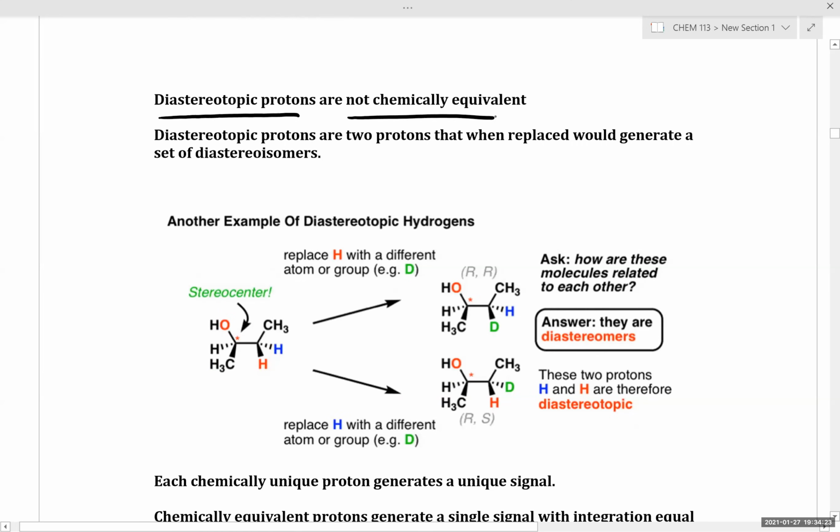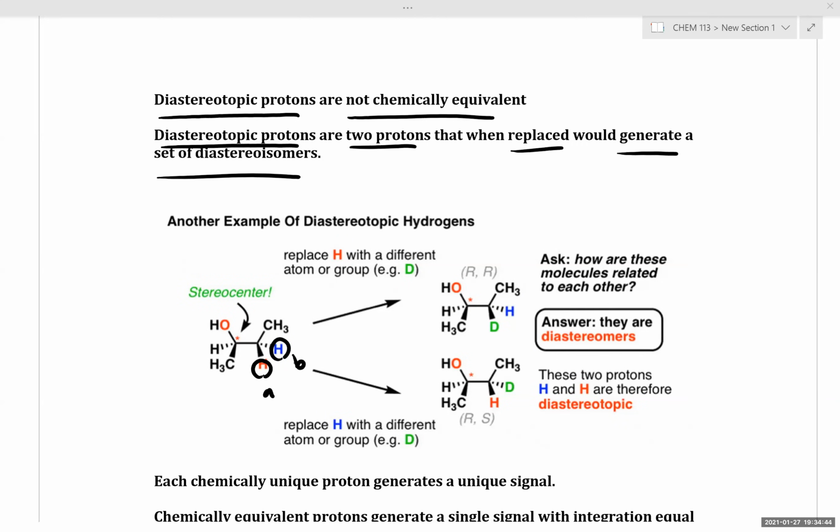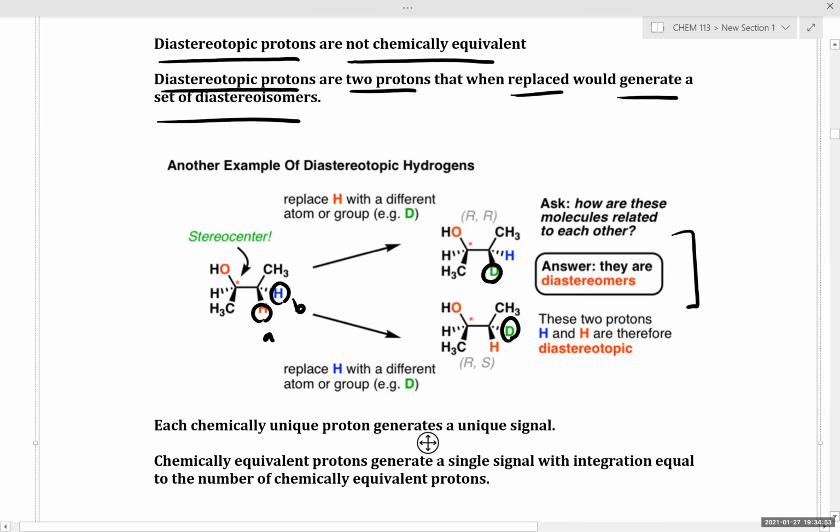These are not chemically equivalent, and as their name stem would suggest, diastereotopic protons are two protons that when replaced would generate a set of diastereomers. So when we have a stereocenter adjacent to two protons, A and B, you notice that when we replace A and B, replace our protons with our test group, rather than generating a series of enantiomers, we are generating a series of diastereomers.